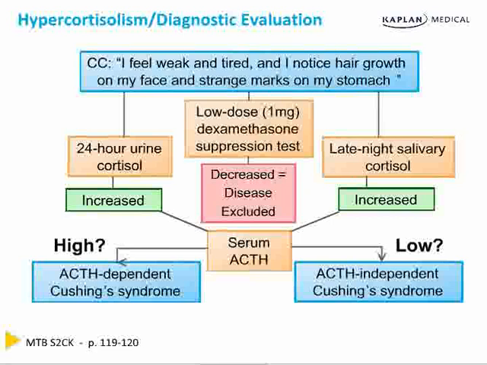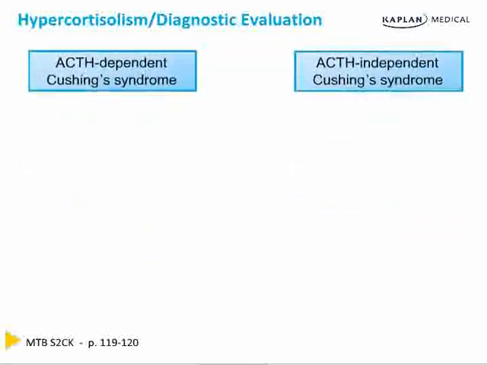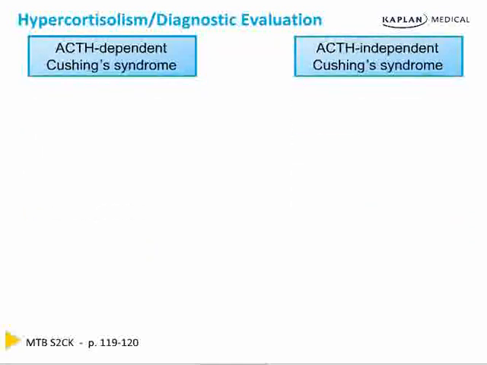It is the adrenal gland making cortisol independently. And that's why we use the ACTH to tell you, if the ACTH level is up, it is from the pituitary or an ectopic focus. If the ACTH level is down, ACTH independent Cushing syndrome means it's happening in the adrenal gland.